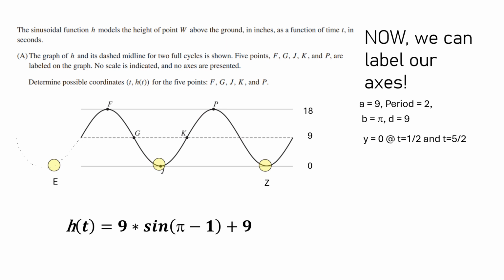So we have to go, here is time 1/2. J is time 5/2. Which makes time 0 occur a 1/2 second before E right there.